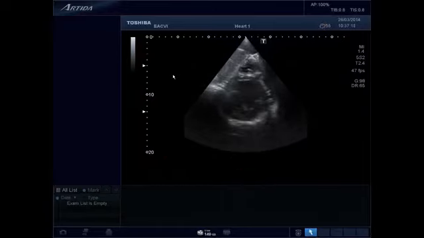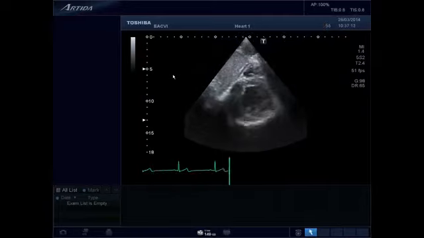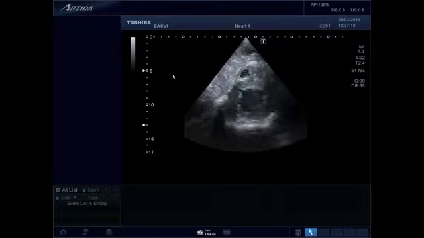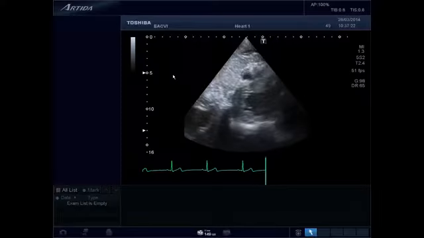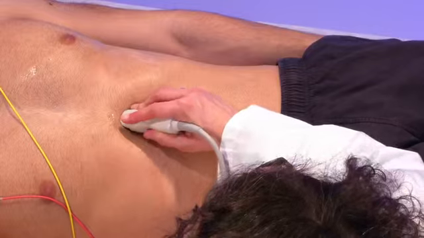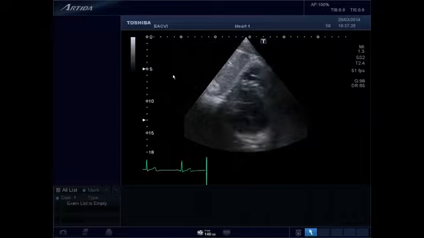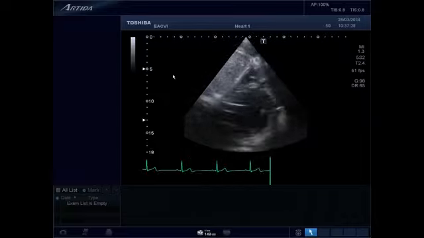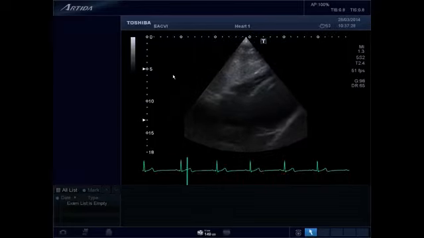So here is the left ventricle at the papillary muscle level. And then I will move a bit and tilt, and I will obtain an apical view of the left ventricle in short axis. If I move this way, I will go more to the mitral valve. And then back to the 4-chamber.